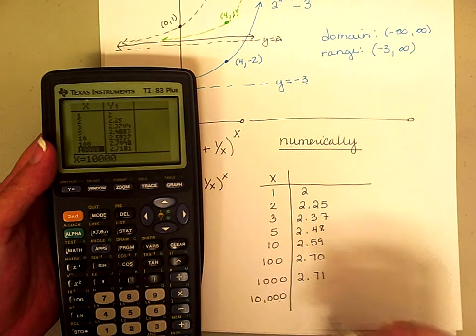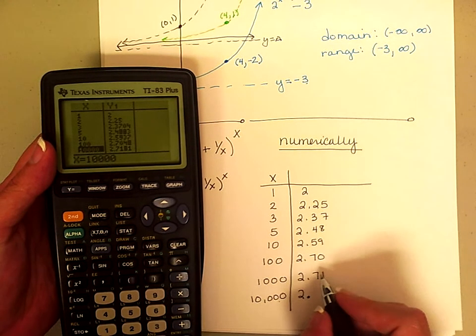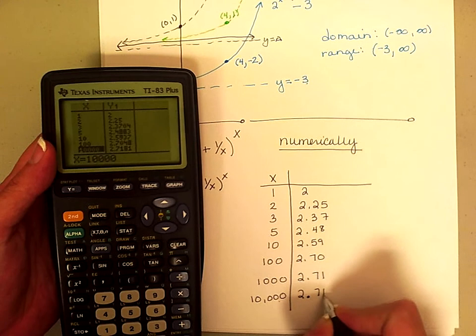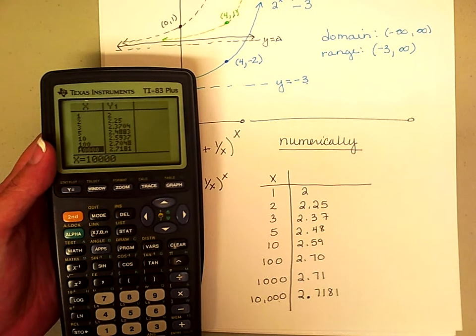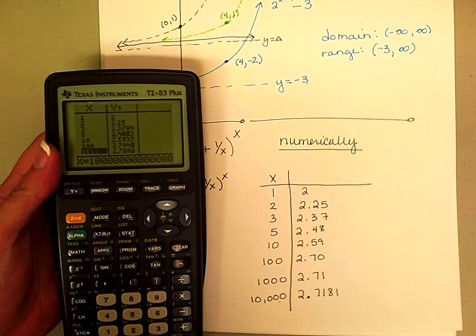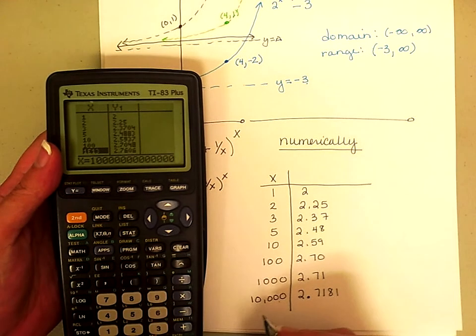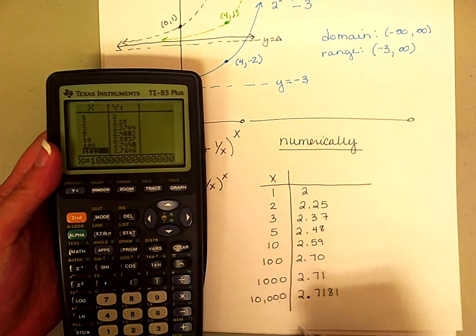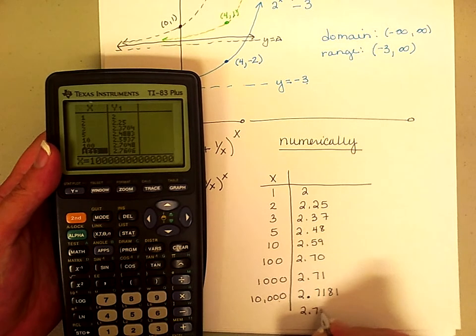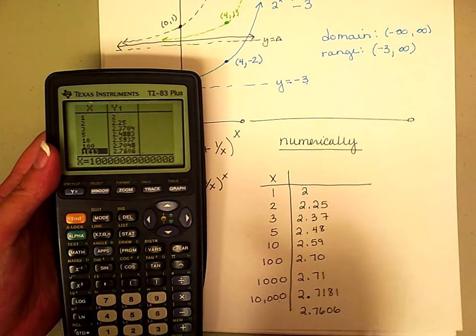So we might be curious, what happens when I go to 10,000? And at 10,000, I get 2.7181. So we might go in for a very large number and just put in a lot. So at 1 times 10 to the 13th power, we have 2.7606.